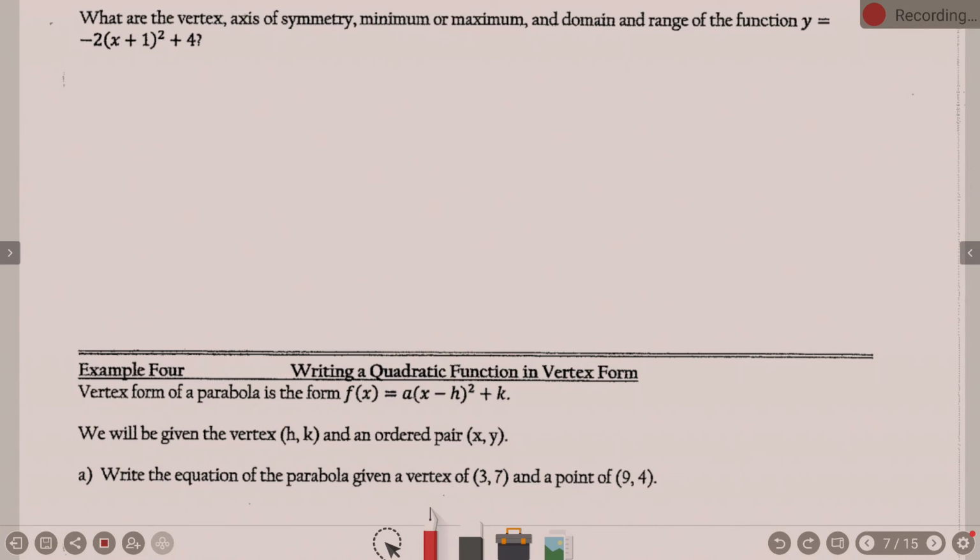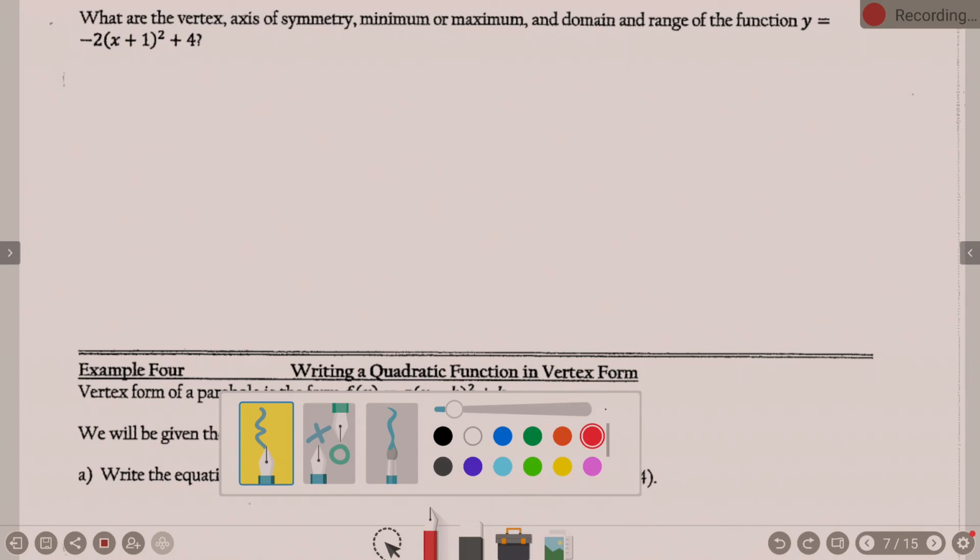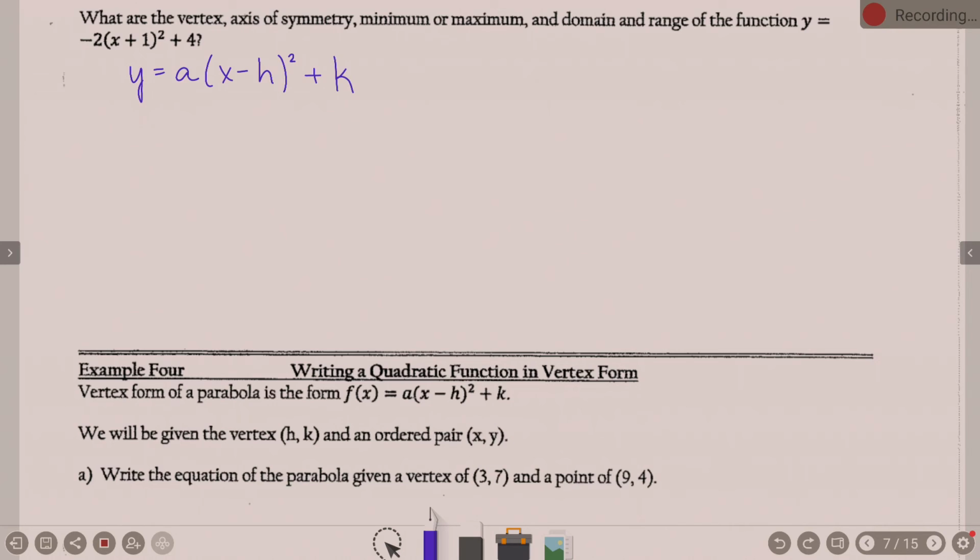Okay. Same 5 questions. Vertex, axis of symmetry, min or max value, domain, and range. So, I'm going to write my vertex form again, which is y equals a times x minus h squared plus k.